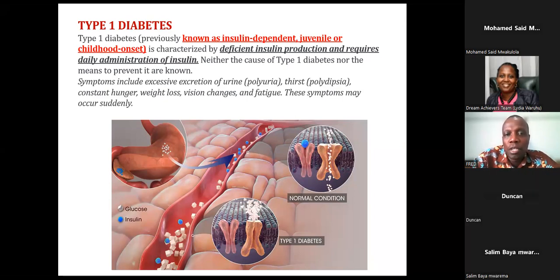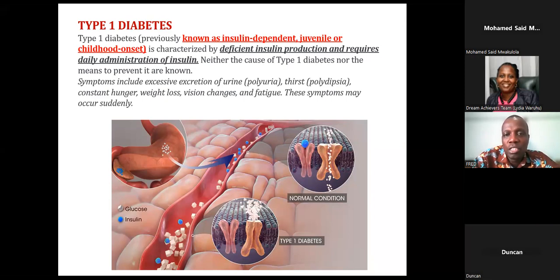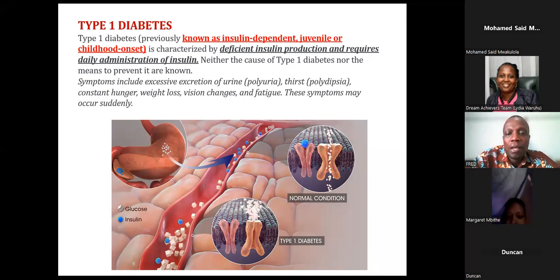Some people say it could be genetics. There are various schools of thought on this. Some of the symptoms include excessive excretion of urine, thirst, constant hunger, weight loss, vision changes, and fatigue, and these symptoms may occur suddenly. Now, this type of diabetes might also occur because of the diet that the mom or the parent takes during pregnancy.